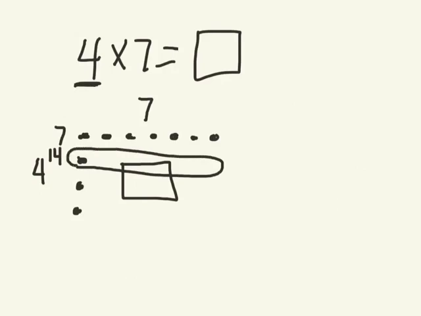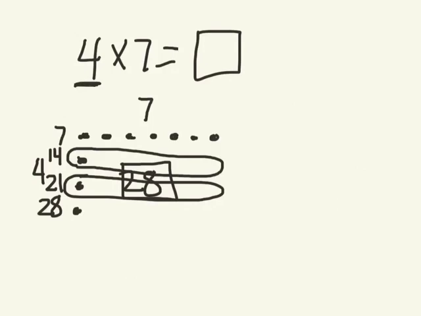We go to our third count by, 21. Again, imagining there's 7 dots there. And after 21, we would count 28. And so that tells us that we have 28 dots inside if we actually wrote them all down, and that 4 times 7 equals 28.